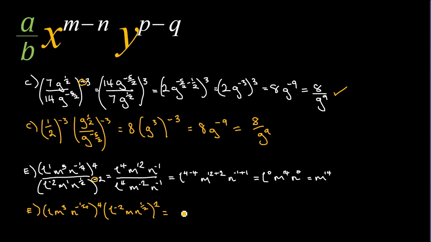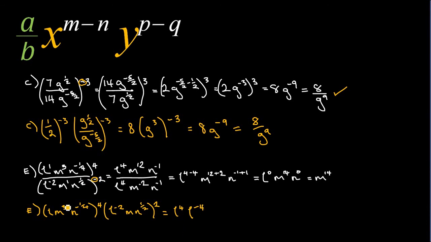So we've got l to the 4. But in this bracket here I've got l to the minus 2 times 2, so that would be l to the minus 4. So I can write another l to the minus 4.